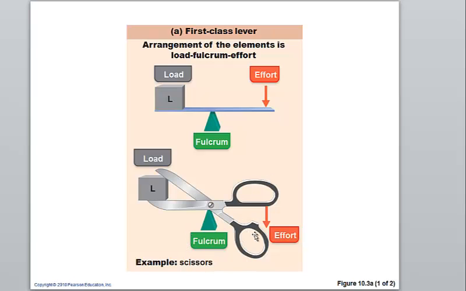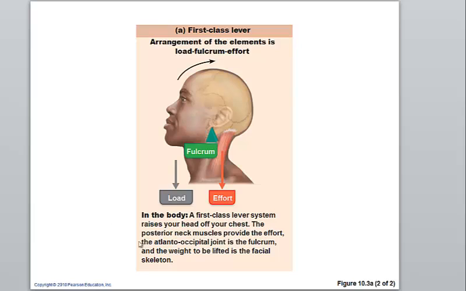The example in layman's terms would be your scissors. So this is your first class lever system in your body. When the posterior neck muscle moves, your fulcrum, the atlanto-occipital joint, moves, and then your head moves backward. So this is basically a human body example for your first class lever system.